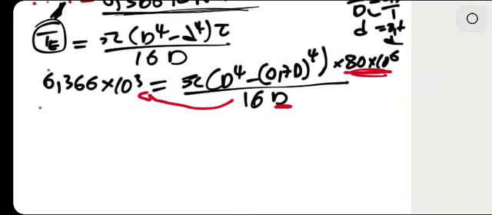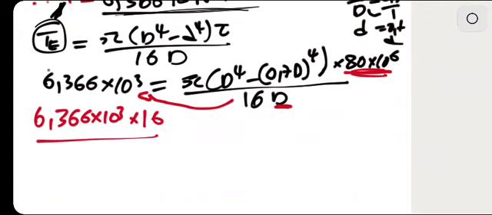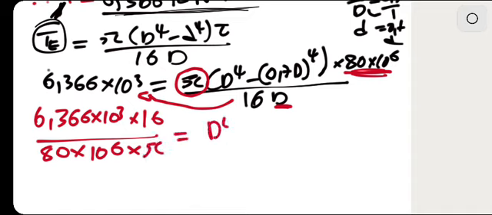So we'll have 6.366 times 10 to the power of 3 multiplied by 16, divided by 80, multiplied by 10 to the power of 6. I have this pi, divide by this pi again. This will have d raised to the power of 4 minus like that.